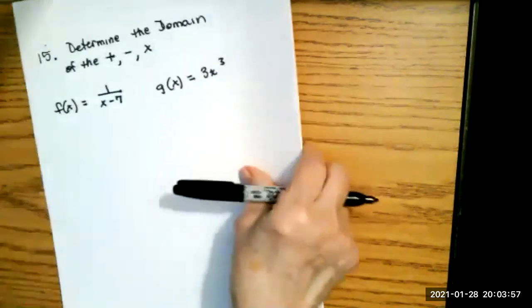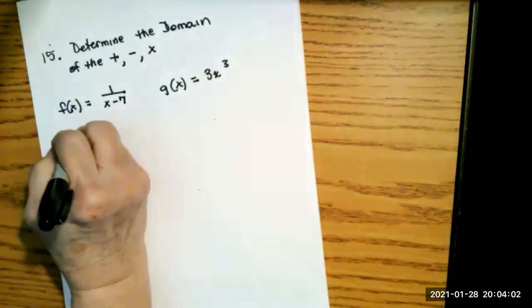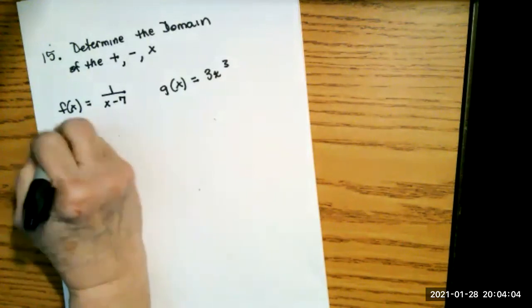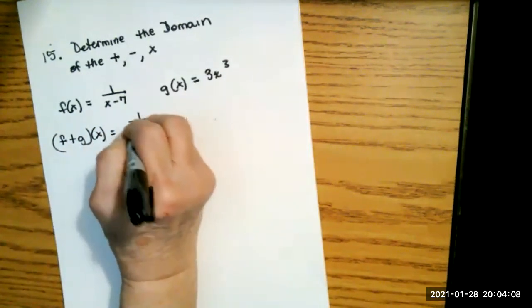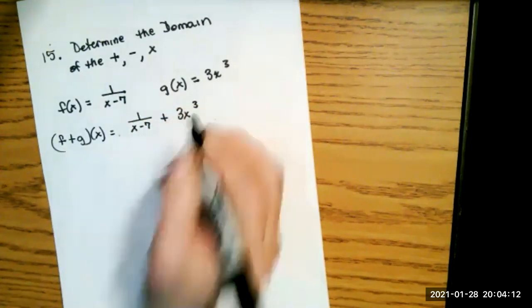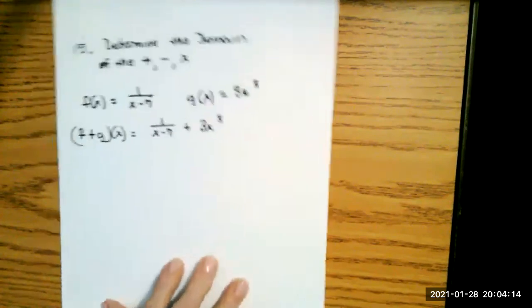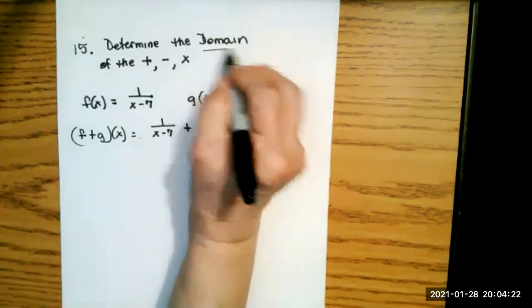Okay, so let's do sum. F plus g of x is going to be 1 over x minus 7 plus 3x cubed. Now, don't go to the trouble of finding out how to combine that and add those together. You don't have to do that because the problem just asked for the domain.